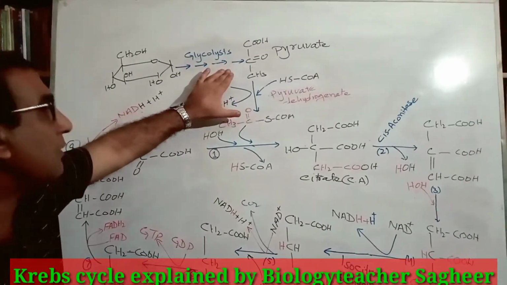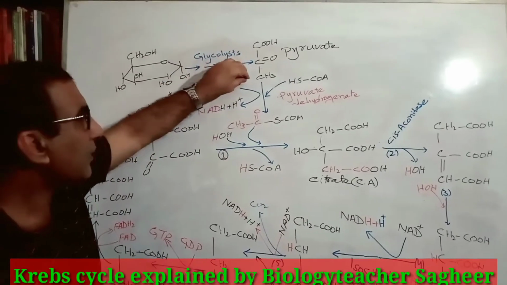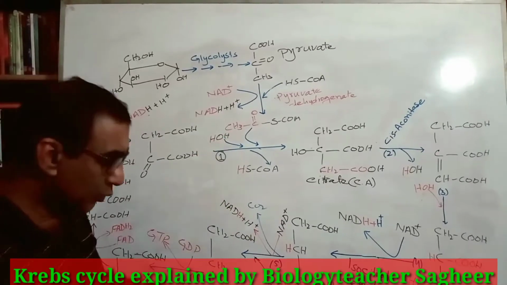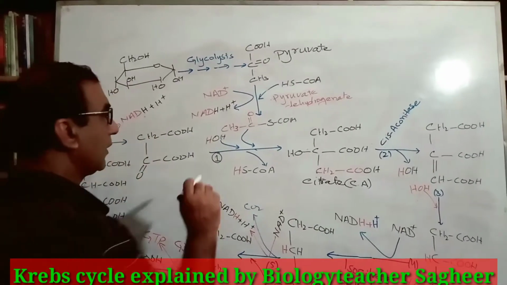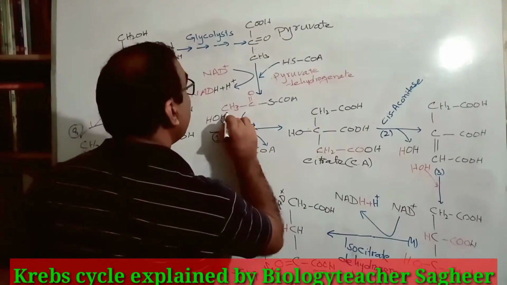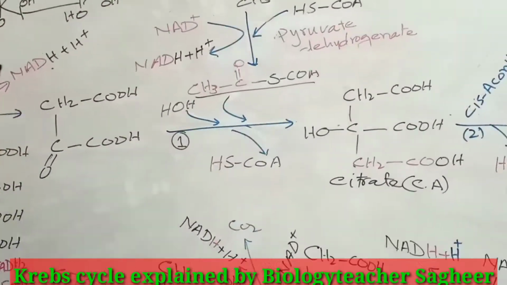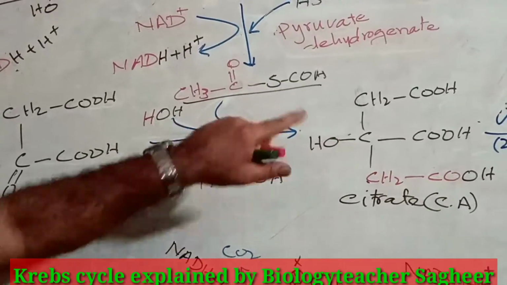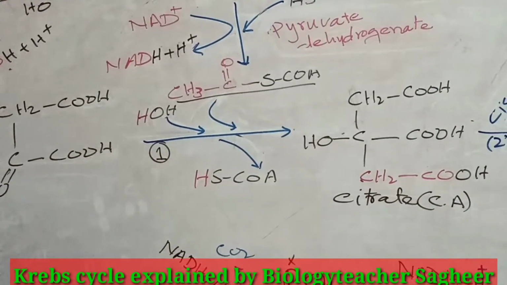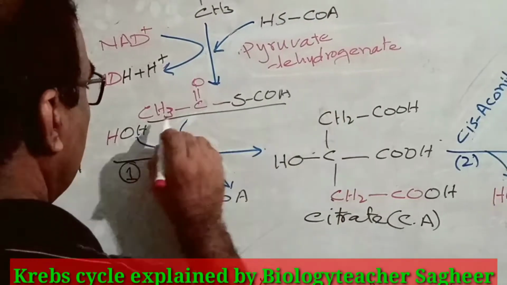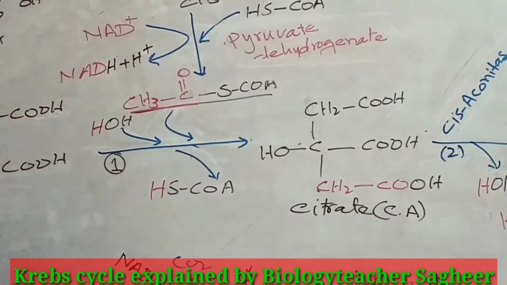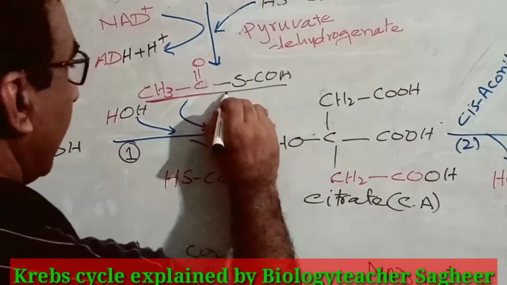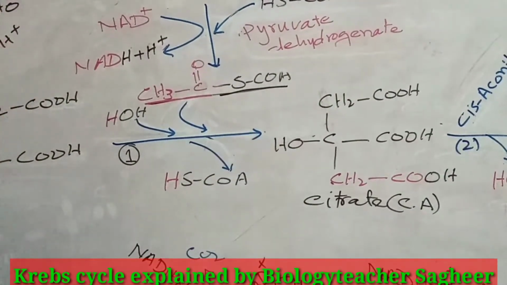Pyruvate is converted into this very molecule, and that is acetyl-CoA. This is the acetyl group, and this one is coenzyme A.